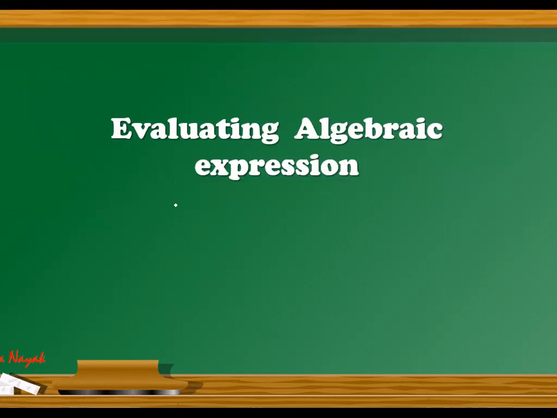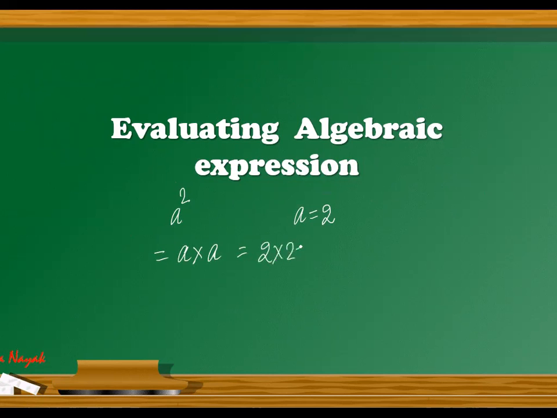Next we'll evaluate algebraic expressions. What does it mean? We'll find the value of the algebraic expression. For example, a square. Now this value changes when the value of a changes. If a is 2, then a square will be a into a, or 2 multiplies 2.